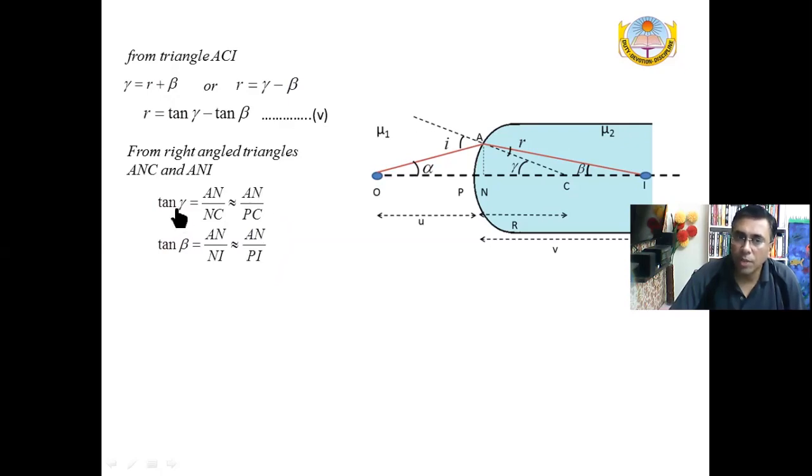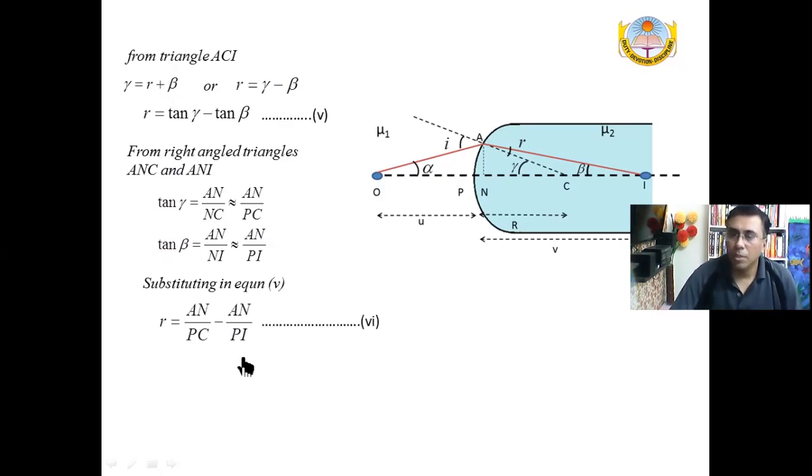Now, when I substitute the values of tan gamma and tan beta into equation number 5, I get R equals AN upon PC minus AN upon PI, and this is equation number 6. So from equation 4 and equation 6, we have written I and R in terms of PC, PI, and PO, and obviously AN. AN is the term which is common in all the relations.